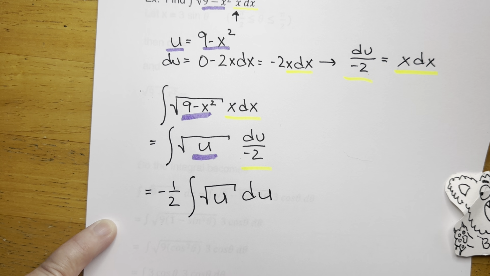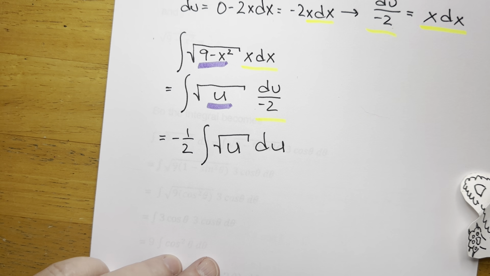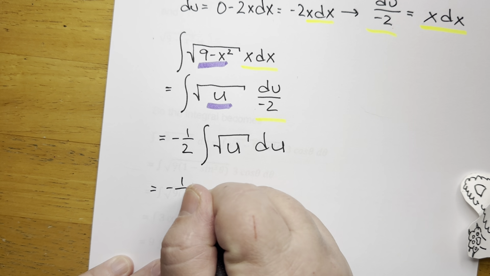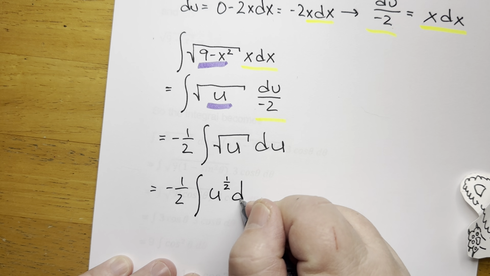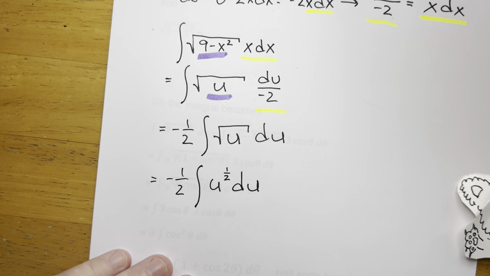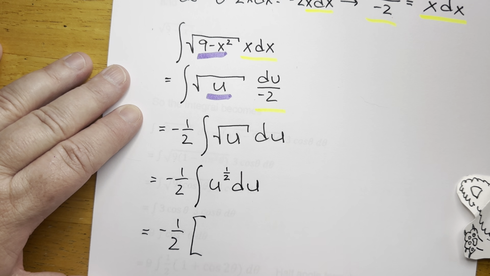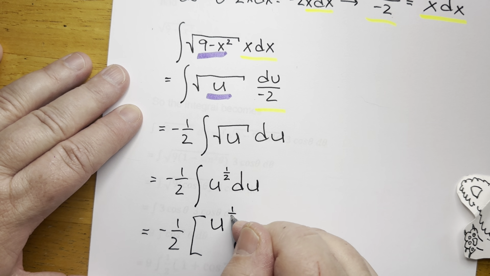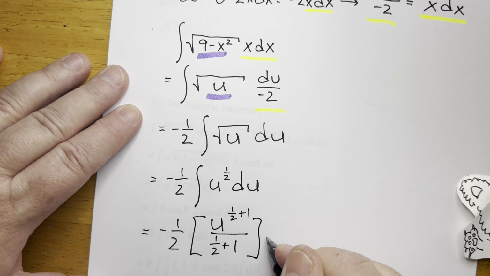Okay, all that remains right now is for me to rewrite this as an exponent problem, so I can use the power rule. Woohoo! So this is going to be negative 1/2 times the integral of u to the 1/2 du. And then I can easily integrate that. It becomes u to the 1/2 plus 1 all over 1/2 plus 1 plus c.